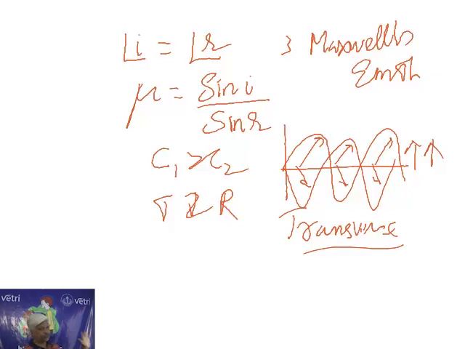So we know the failure of Newton, we know the failure of Huygens. Even by using Maxwell's electromagnetic theory, we cannot explain the photoelectric effect. We will see this in detail in quantum physics.